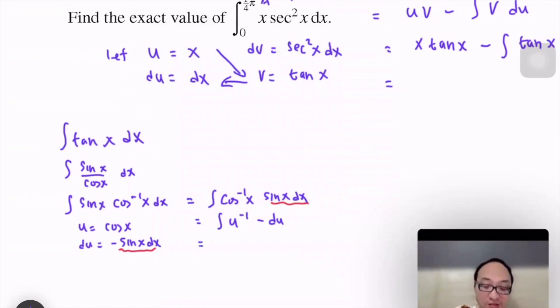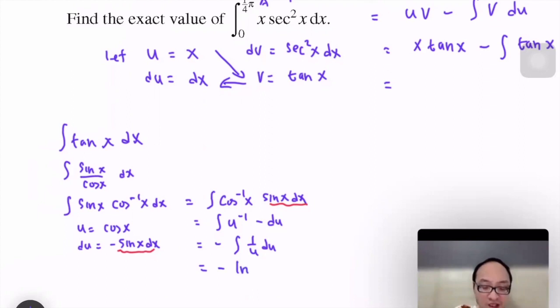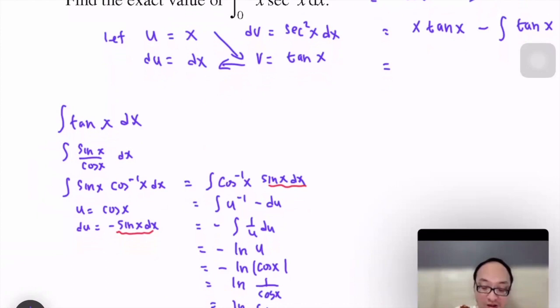And that equals minus the integral of 1 over u du, which is minus ln u. So it's minus ln cos x, which equals ln 1 over cos x, which equals ln secant x.